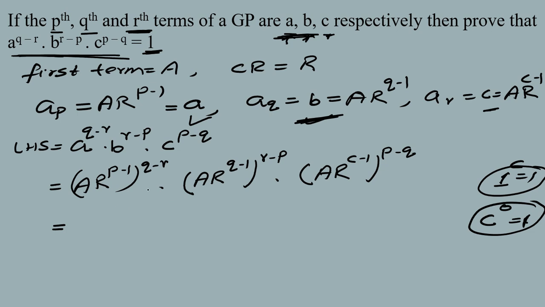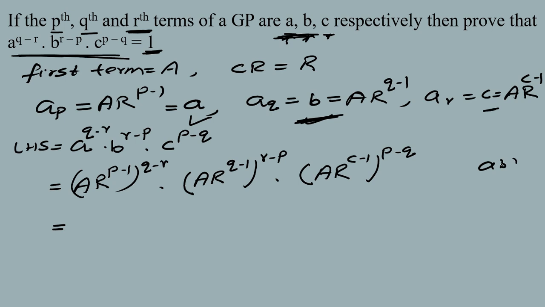Now, what formula are we going to use here? Since we have whole powers, (AB) to the power C will be equal to A to the power C times B to the power C. And another formula I am going to use is (A to the power B) to the whole power C, which will be equal to A to the power BC. These two formulae I will use here. Now let's apply them.